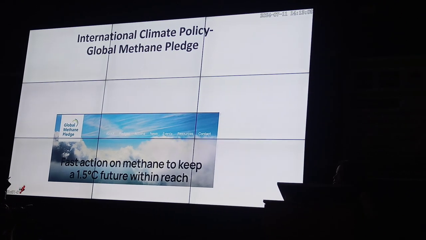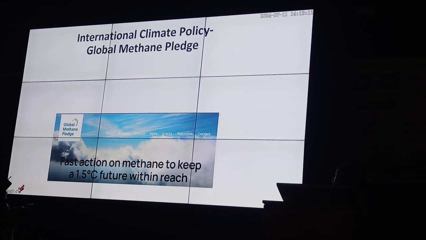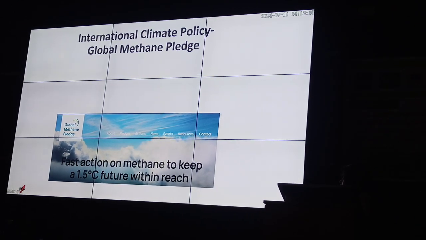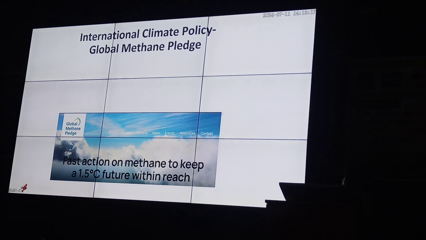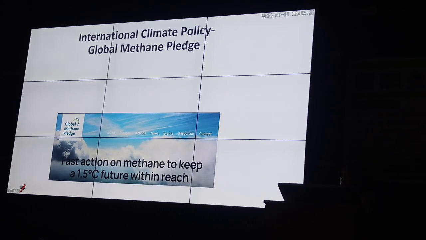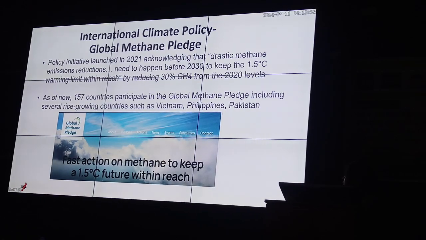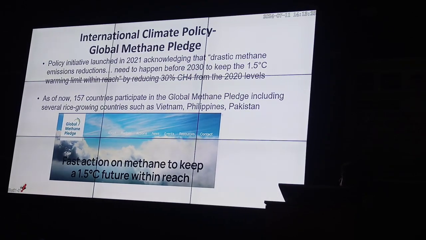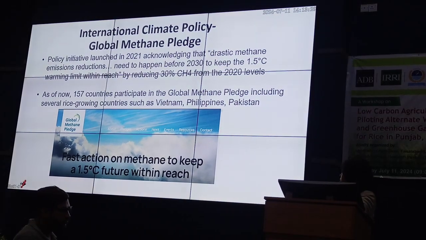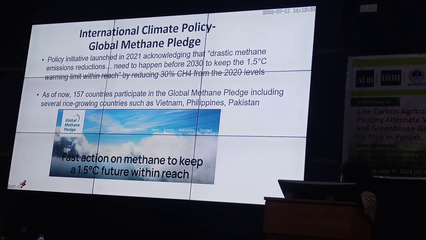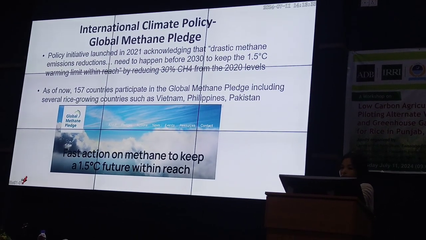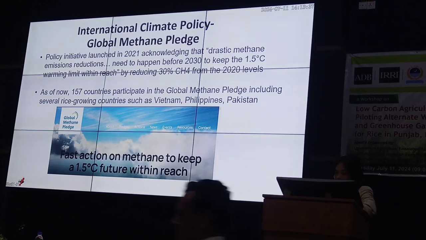Okay, this is 2015, and now we have another international climate policy called the Global Methane Pledge, where about 157 countries participate, including rice-growing countries, for example, Vietnam, Philippines, and Pakistan.